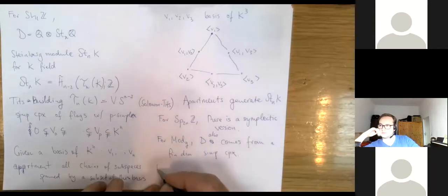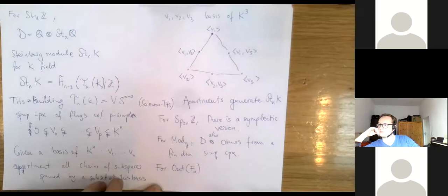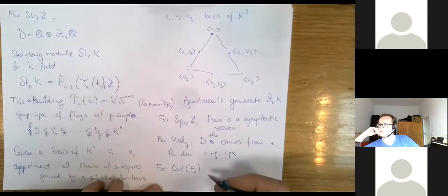But for Out(F_n), and Aut(F_n), we actually don't know of a finite dimensional complex whose homology will give us this.